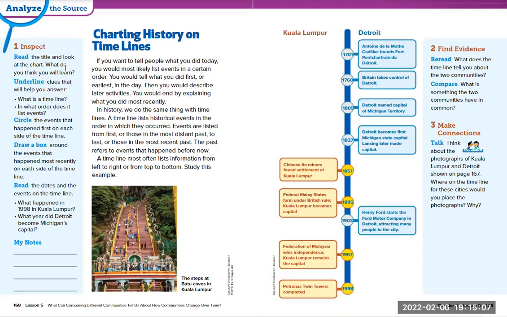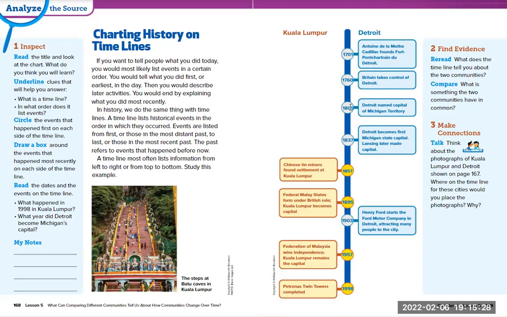So let's pause for a second. We already know that this timeline showed what happened earliest at the top and what happened latest at the bottom. So it's trying to say that this timeline definitely shows parts of what happened in this city during the year that it happened in.